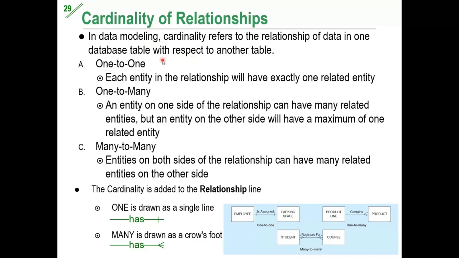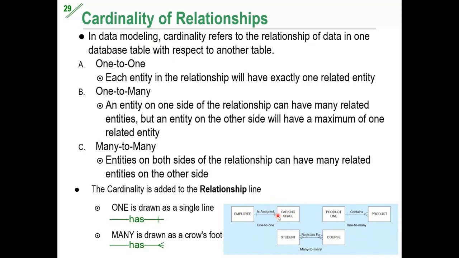So how are you going to show a one-to-one relationship in the diagram? You can see here with my pointer, employee and parking space. We establish this cardinality using a single line, one and one. So one employee has exactly one parking space, and one parking space belongs to one employee.